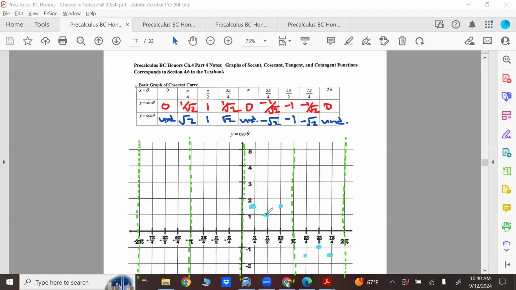The curve's going to look like this. And you can kind of use the sine graph as a crutch. And the blue curve, of course, is cosecant.